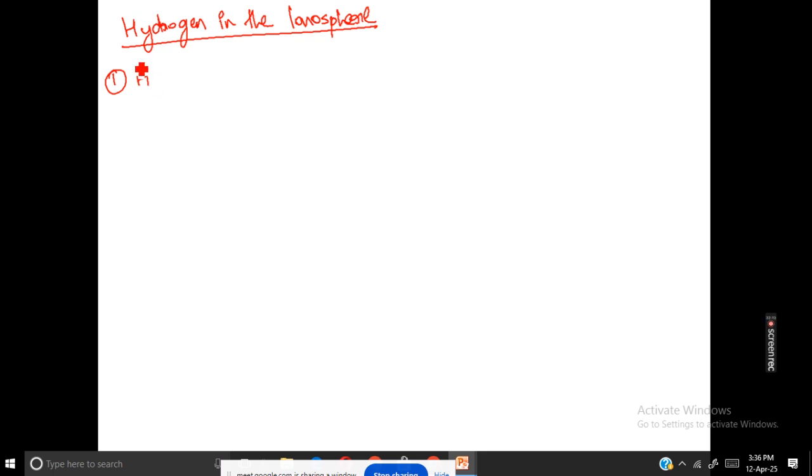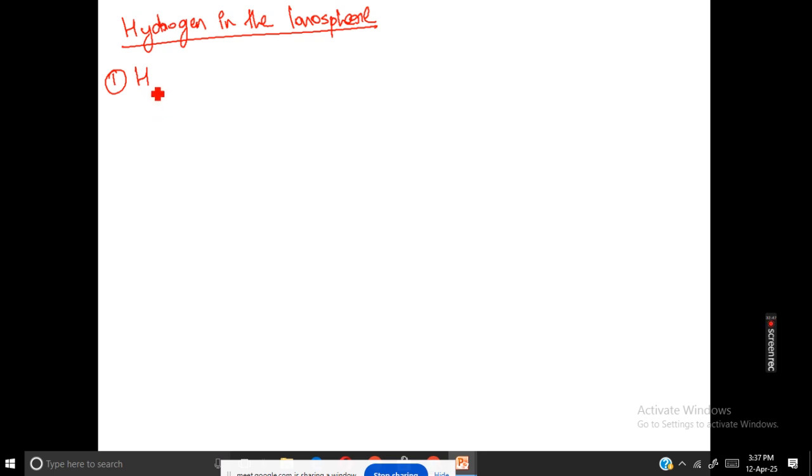So the impact of gravitational pull on this particular atom will be very small because of the lower mass of the particle. So basically, the hydrogen atoms or molecules occupy a very high altitude in the atmosphere because of this lighter weight. And since it is at a very high altitude, it interacts with very high energy solar radiation.